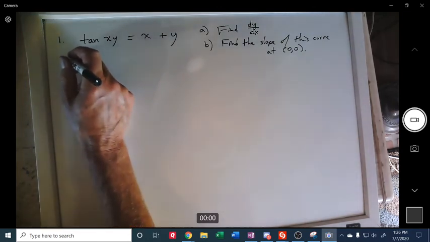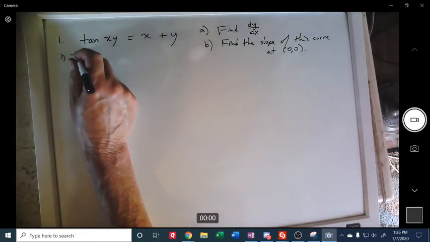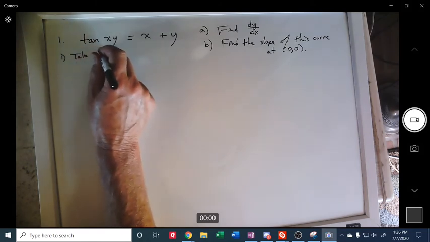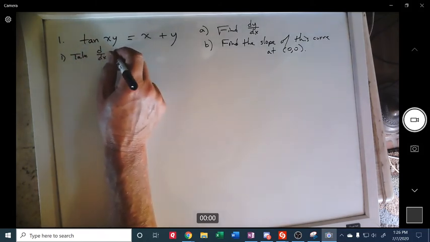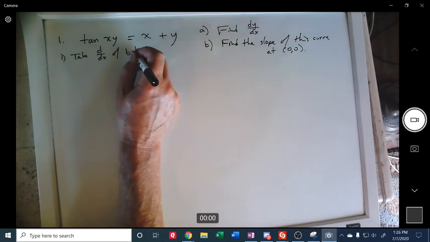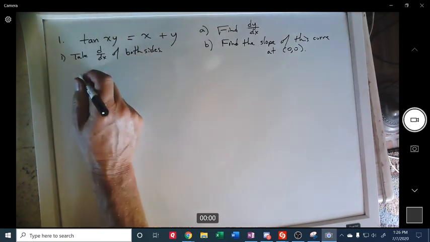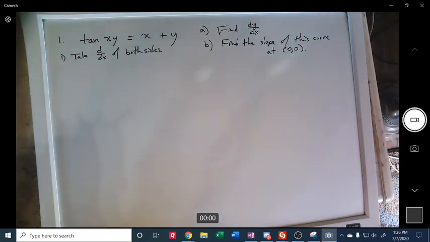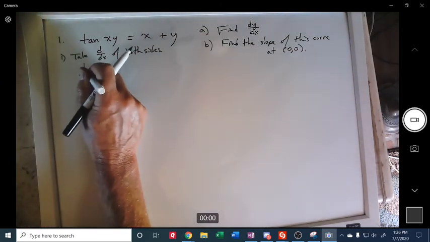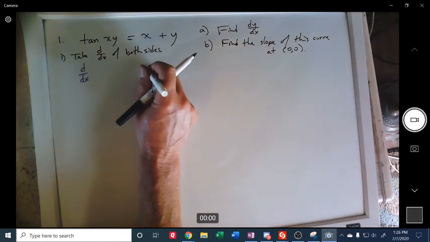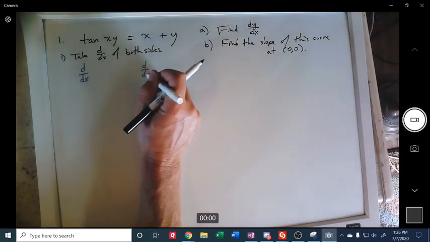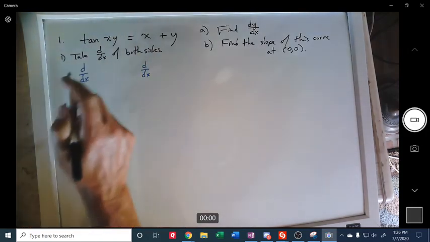And remember, the first step in implicit differentiation is we take the derivative with respect to x of both sides. So we're going to do d dx of the left side and d dx of the right side.